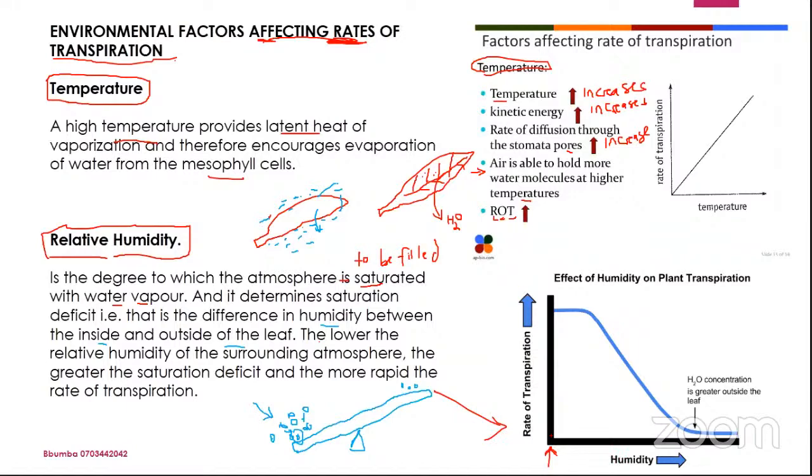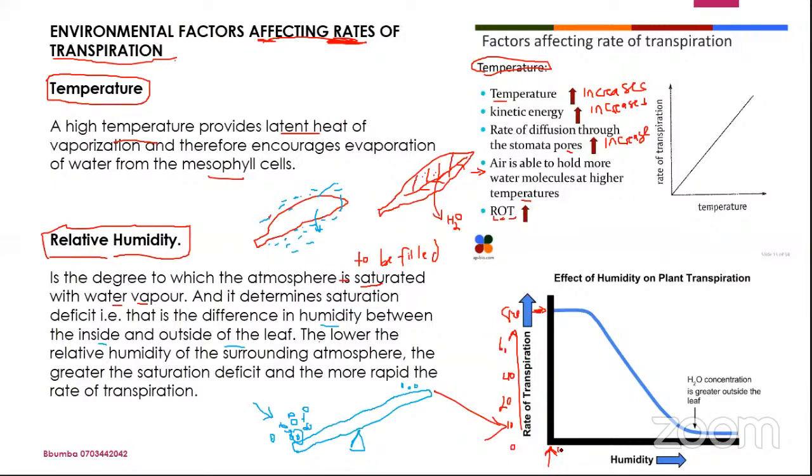When the humidity is extremely low, look at what is happening to the rate of transpiration here. It is extremely high. For some of you who are not getting it, if I can put values here, you could have 0, 10, 20, 40, 60, and let's say 80.